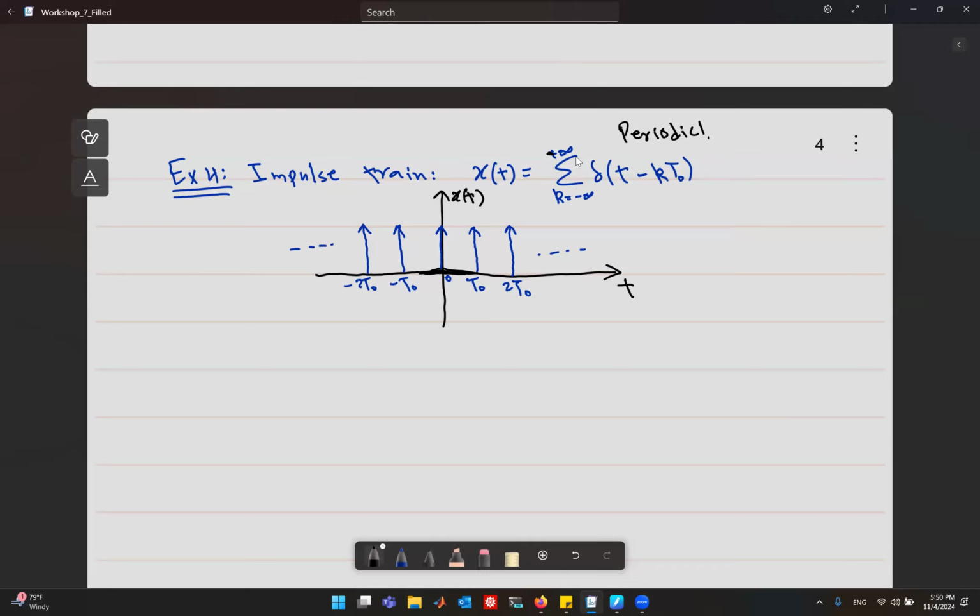First, we find the coefficients, and then we can write it in terms of Fourier series. And we will benefit from that here to find its Fourier transform. And that's why this example is interesting, because it will show you the relation between Fourier series and the Fourier transform.